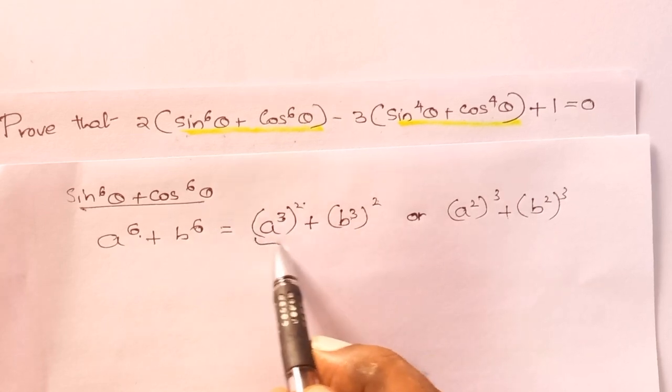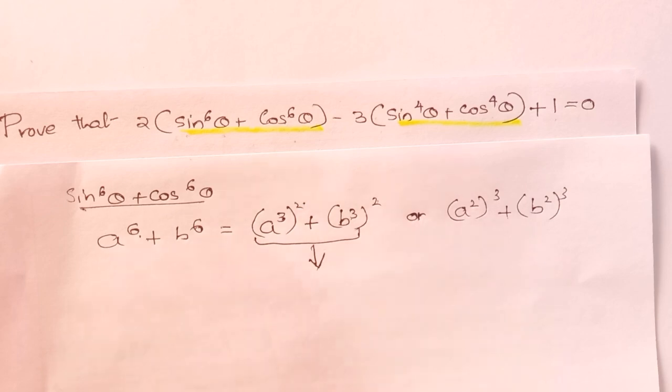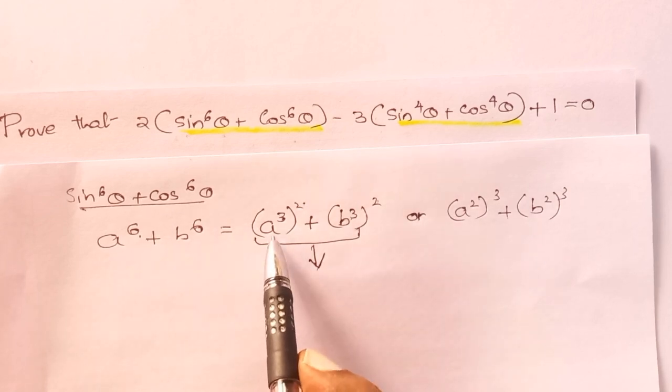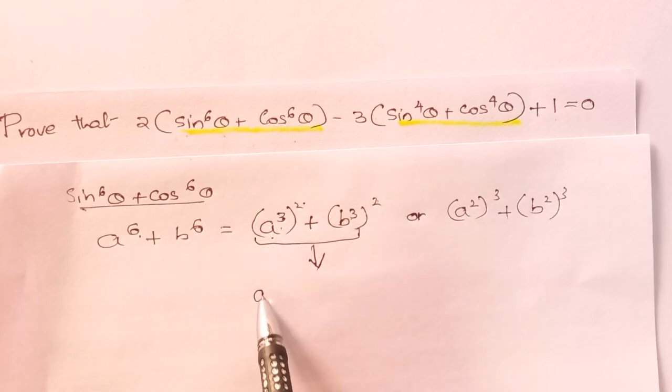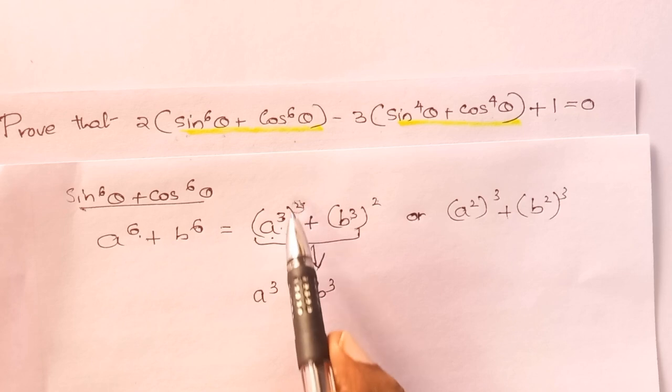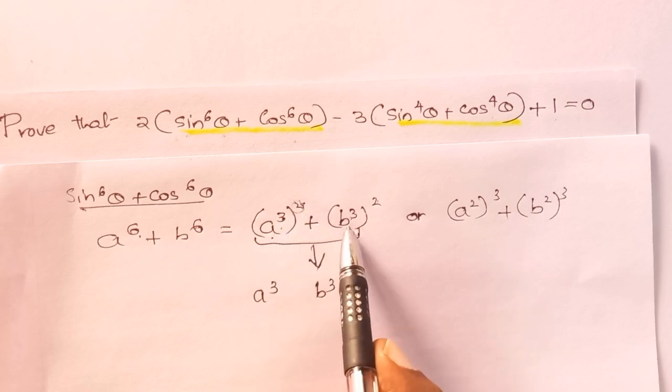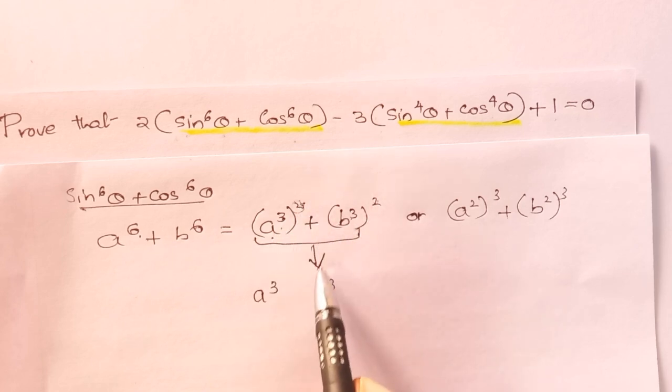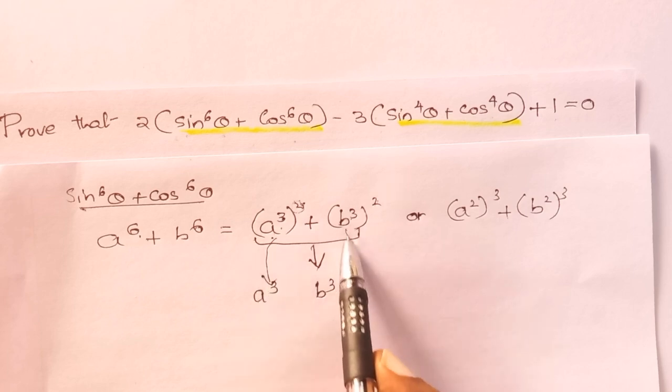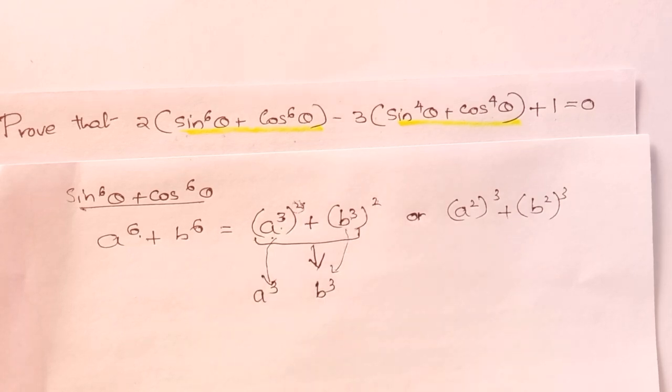You see, if we use this option, a cube the whole square plus b cube the whole square, the final result will also contain a cube and b cube. That means the final result will contain sin cube theta and cos cube theta, which cannot be simplified further.